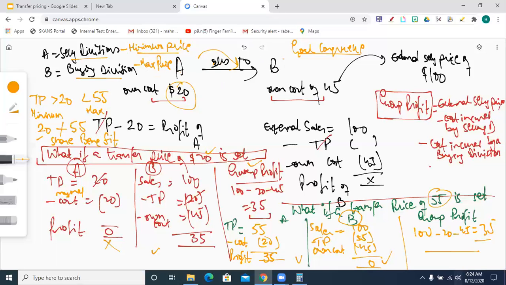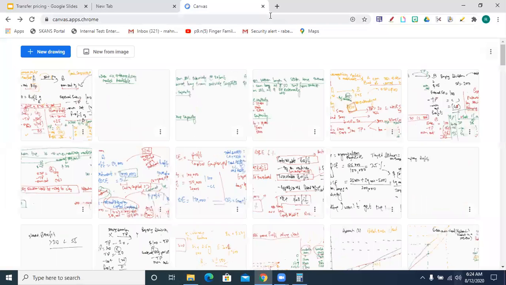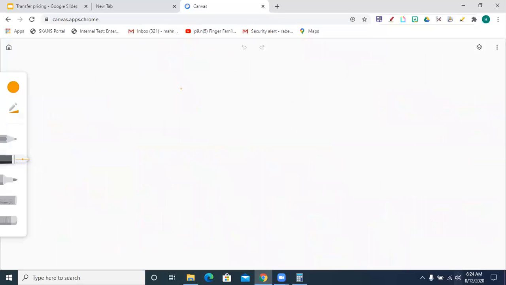And the only option B had was to buy from A. B couldn't buy the batteries from an external supplier. And there may be a possibility of an intermediate market in that case. What would be the ideal price?